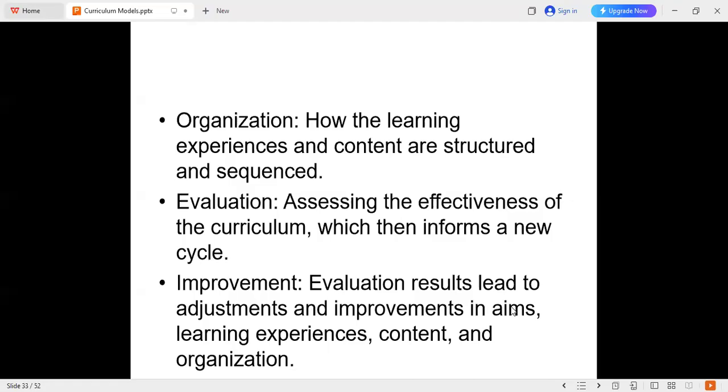According to Wheeler, the evaluation is not individual student evaluation or assessment, but curriculum effectiveness evaluation. The impact of the curriculum in the society, the impact of the curriculum in the country.